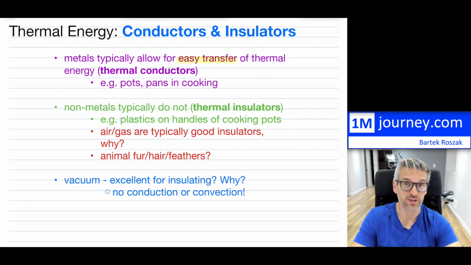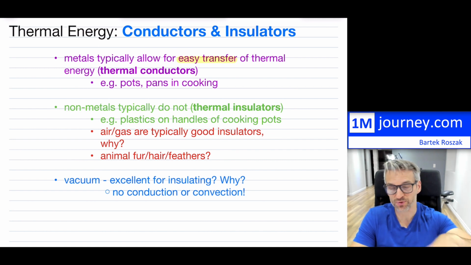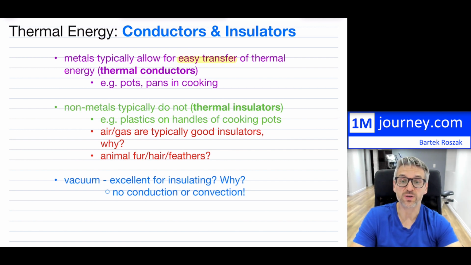One example is plastic, but you may also see this with wood, like a wooden spoon that you typically stir things around with. The reason is that it is a very good thermal insulator, which simply means it doesn't allow an easy transfer of thermal energy. It's much more difficult to do that.